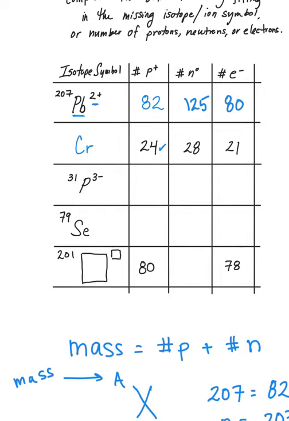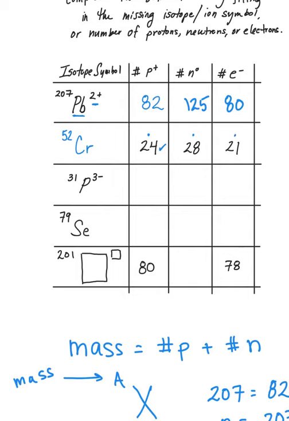The mass of this particular isotope of chromium is due to a combination of protons and neutrons in its nucleus. There are 24 protons and 28 neutrons, and combined, they contribute a mass of 52 to this isotope. Therefore, this chromium isotope must have mass number 52.